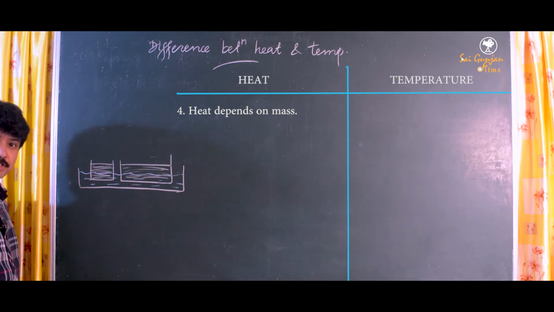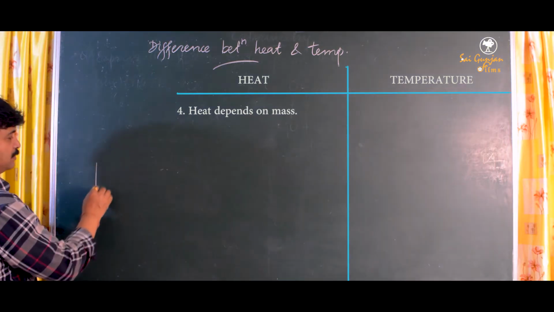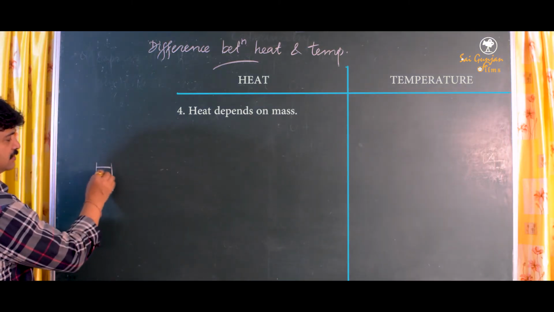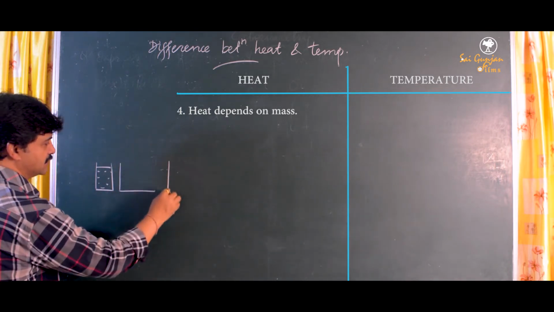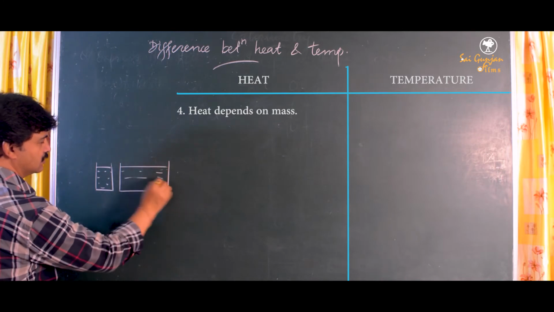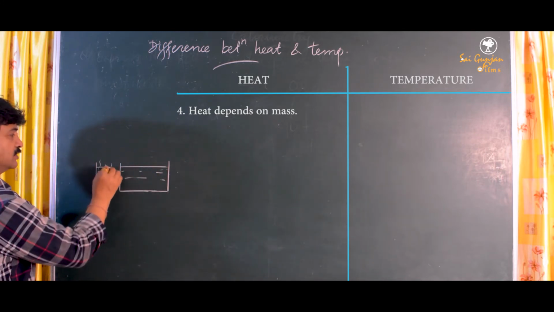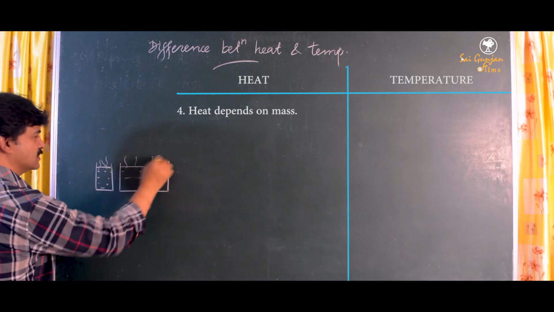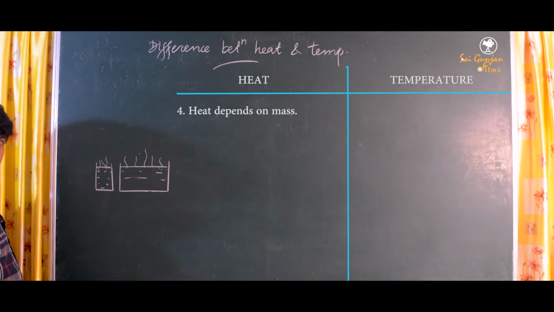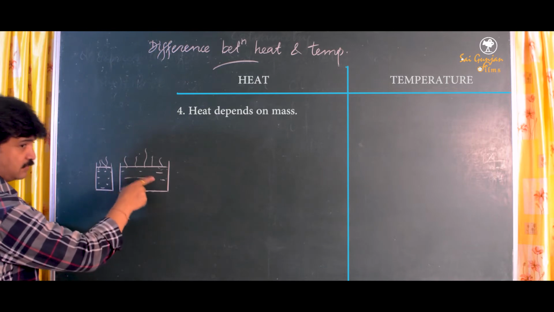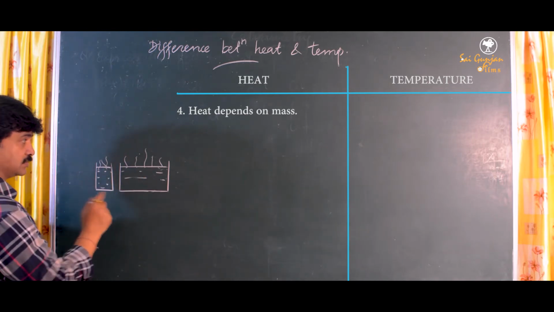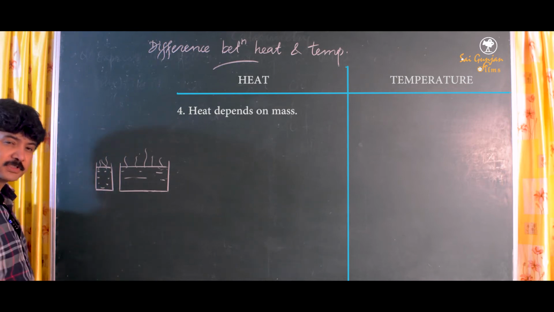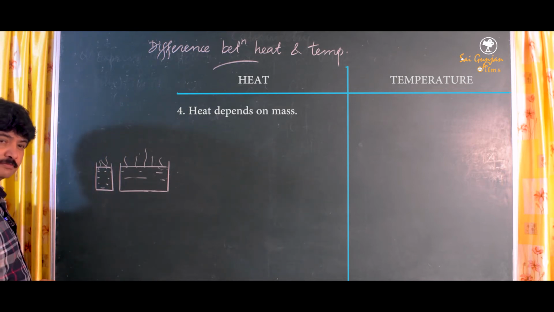But the temperature does not depend on mass. Let me explain it like this. Suppose you have this much water and this much water, both boiling. Here you see more mass of water and here less mass of water. Which of these two will show more temperature?